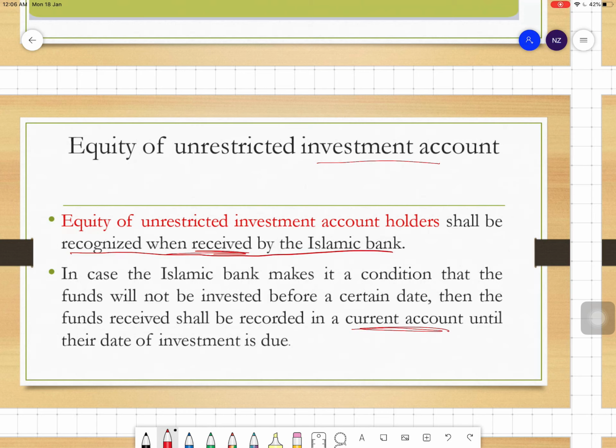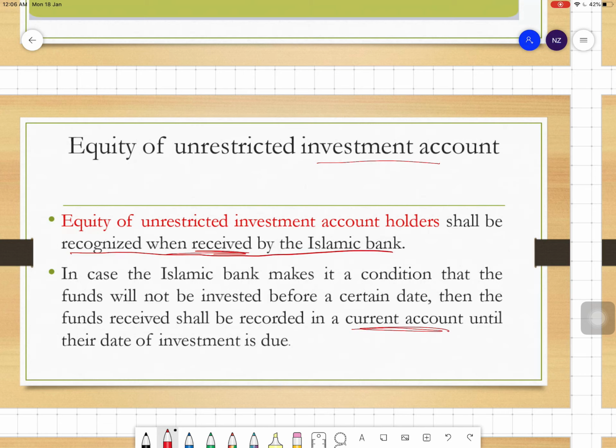So in case the equity, or the shares that will be invested in the Islamic bank, the Islamic bank sets a condition: the funds will not be invested before a certain date. The company has already prepared that account and deposited the money in the bank, but the bank says, I will not use this money until that date is reached.